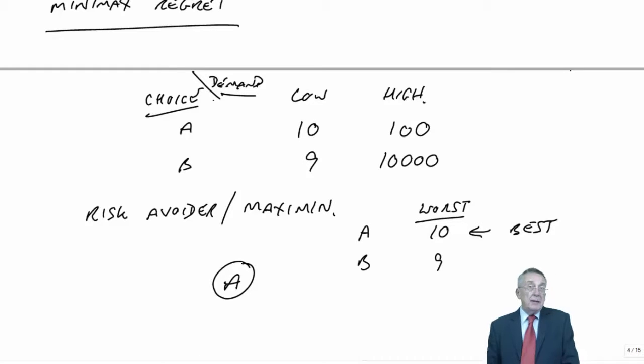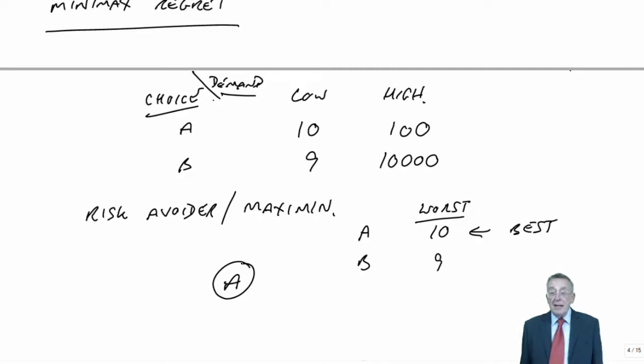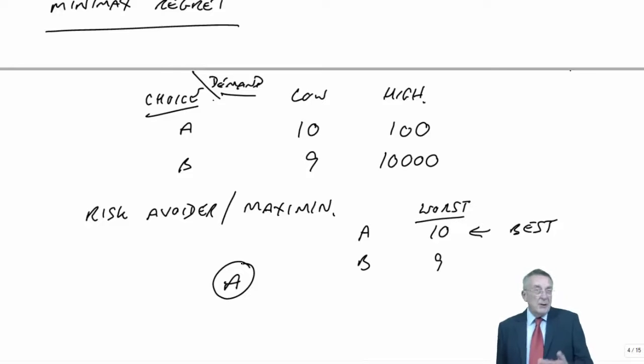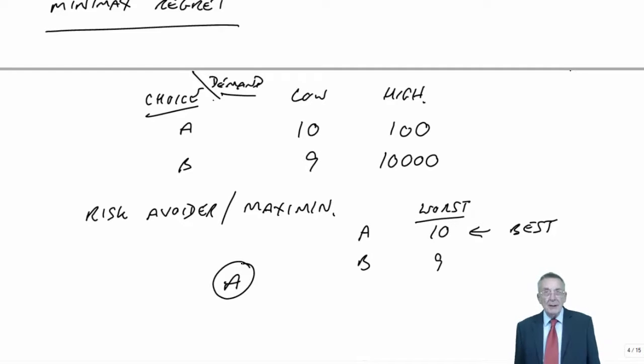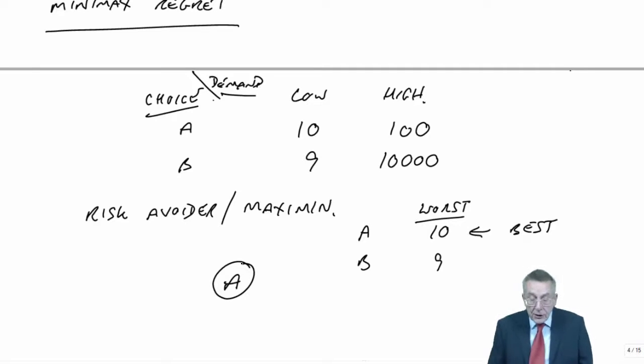Now, although there's a logic to being a risk avoider, and that example is extreme deliberately, I think you'd be completely mad to choose A. Because A, you either get 10 or 100. B, okay, you might get a bit less, 9, but only $1 less. And you have the chance of getting 10,000. Or make it more extreme.